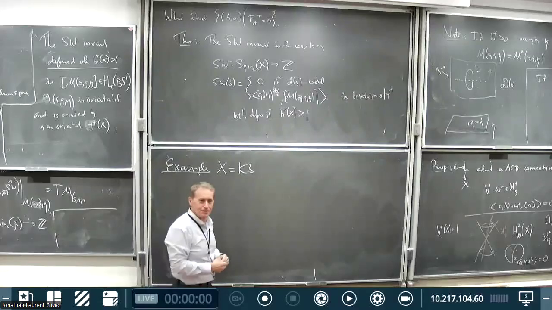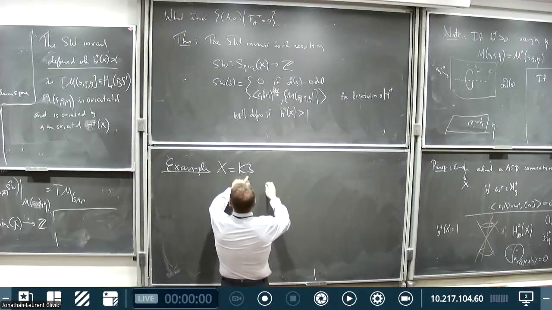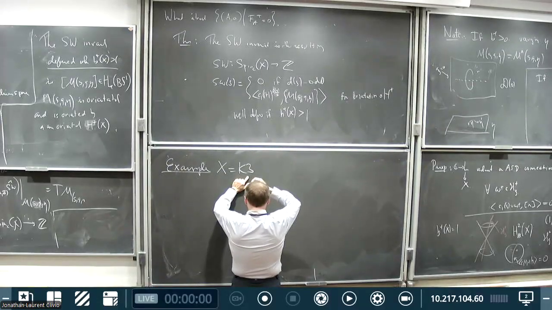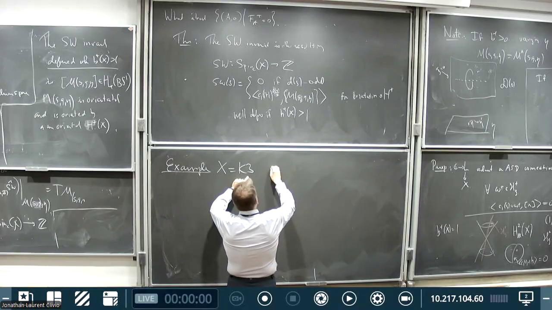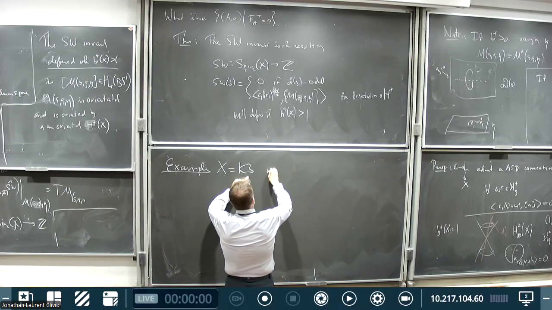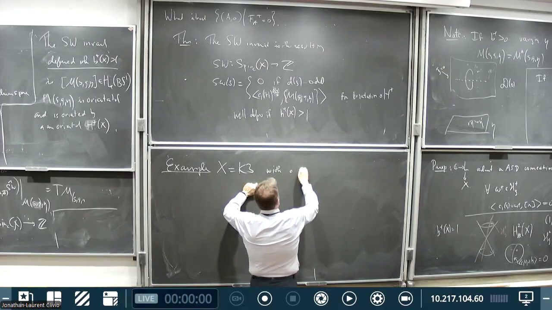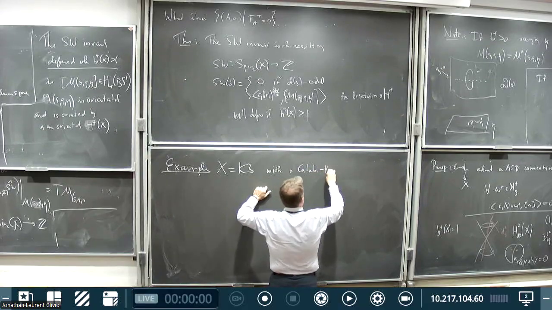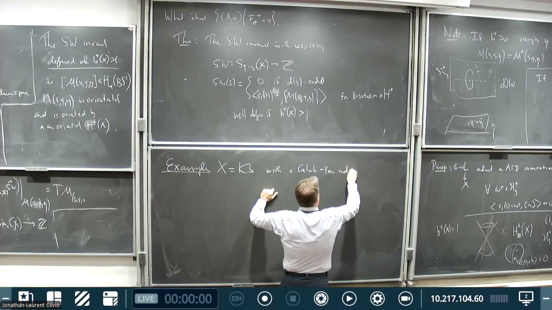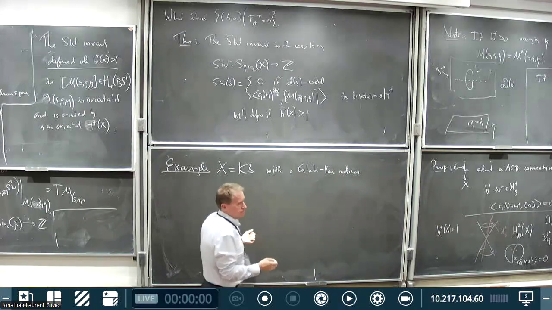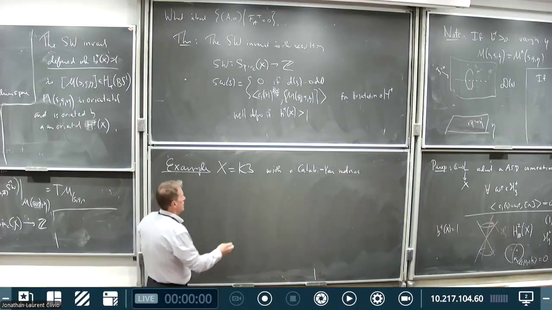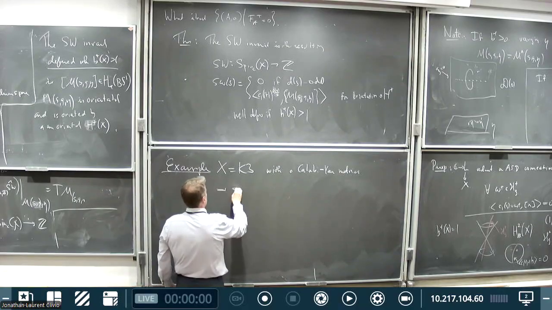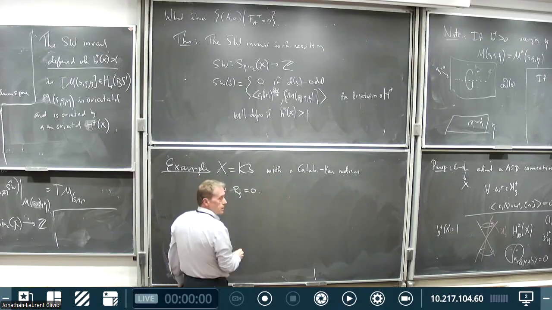X is the K3 surface. And I'm going to give it a metric whose scalar curvature is 0.